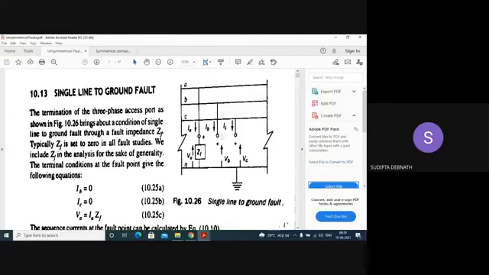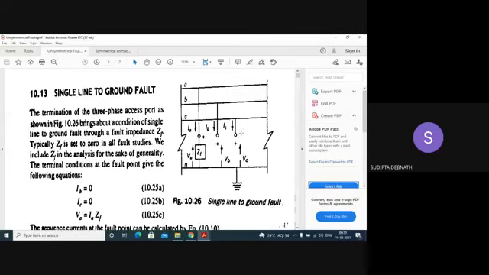For every derivation, we consider that the system is under no load condition, meaning there are no currents in any of the phases.